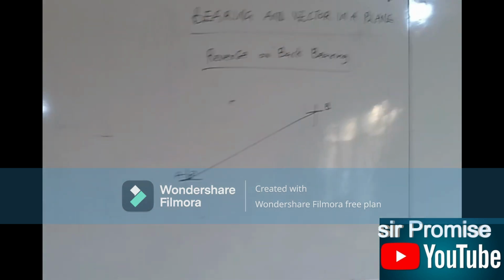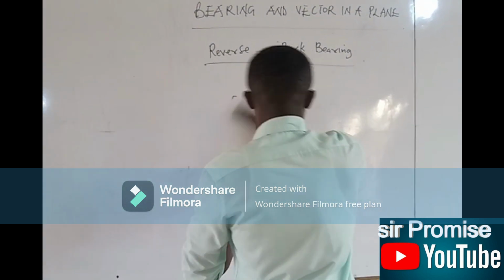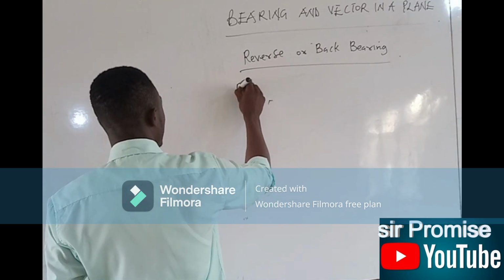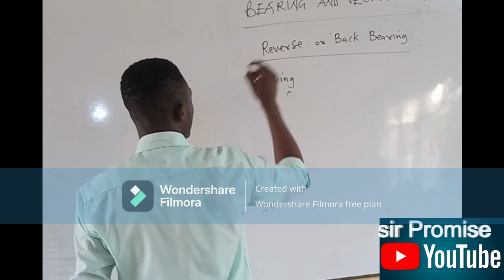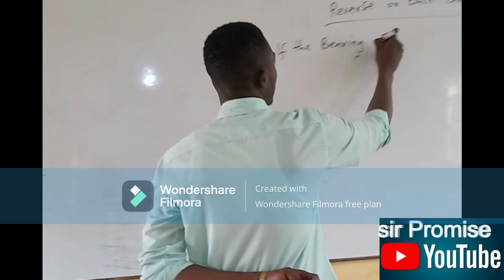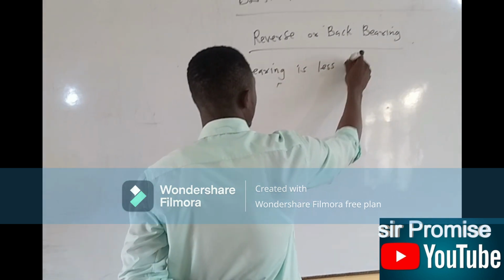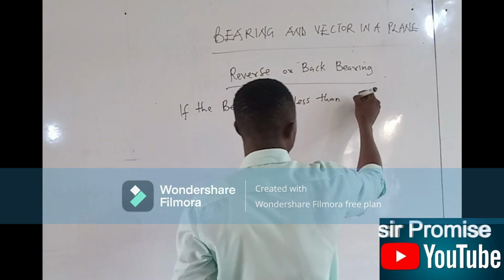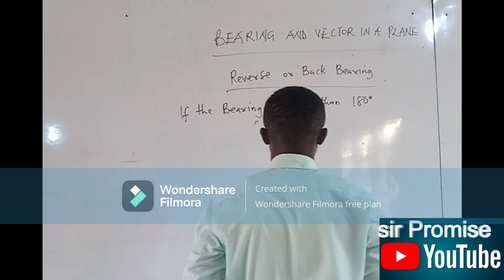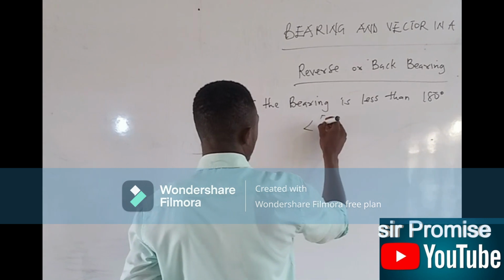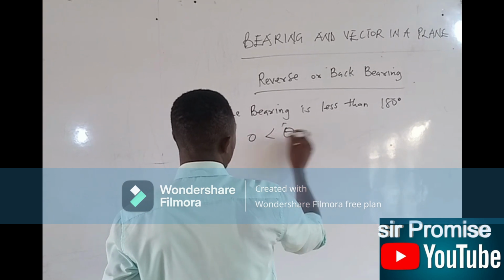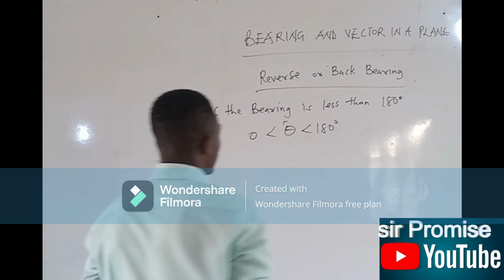We know that there is a rule for it. I like to know the rules. In case we have a bearing given, if the bearing is less than 180 degrees, or it can also be written as theta is greater than 0 but less than 180, so it's in this form.